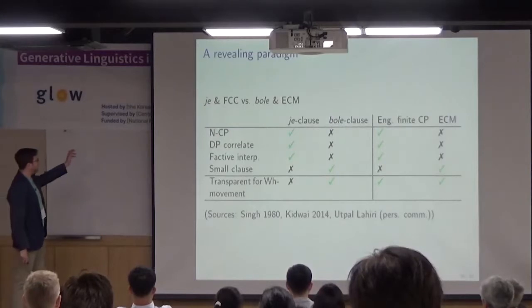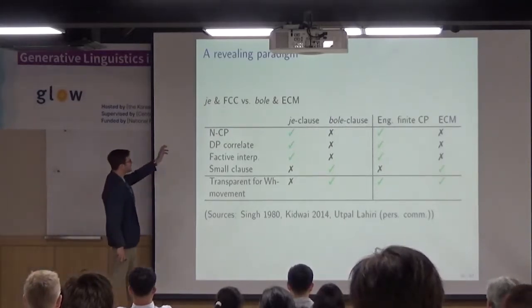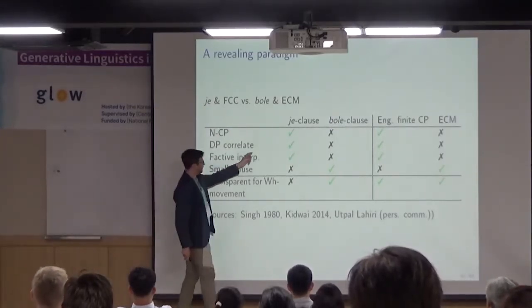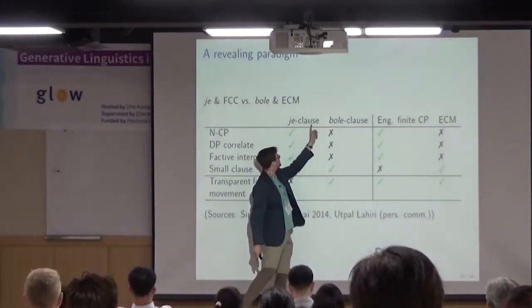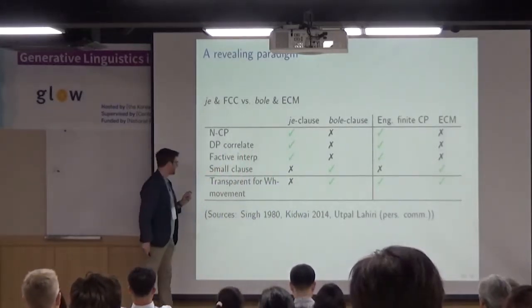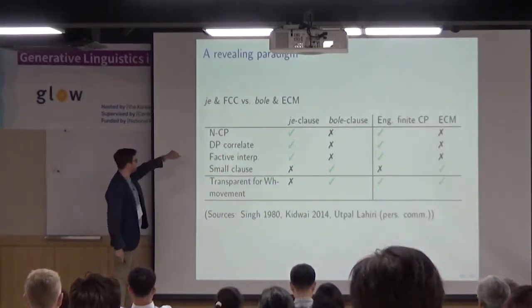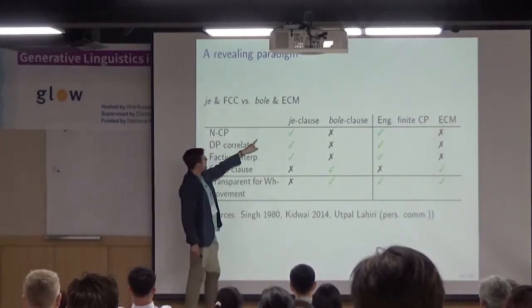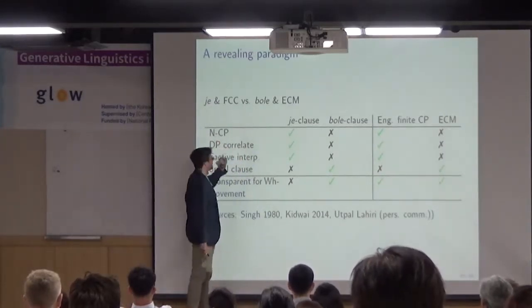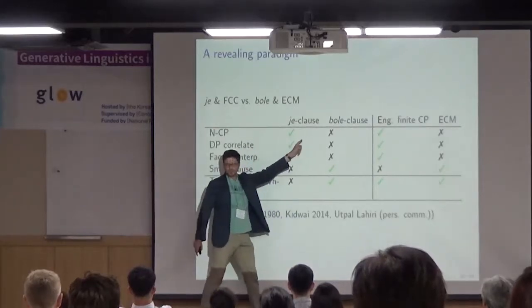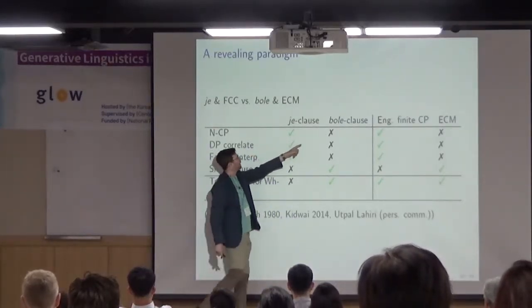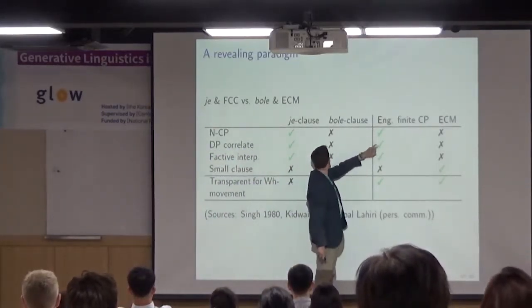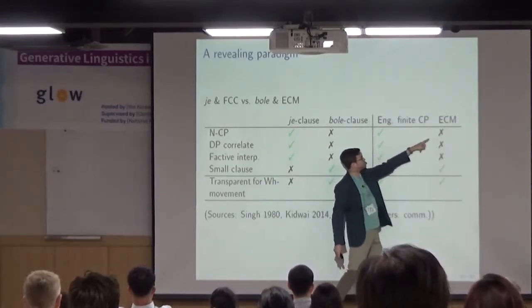Now, there are differences between these two clauses in a number of respects. And there's a number of sources for this. So these J clauses like to combine with nouns, but the bole clauses don't. That should sound familiar. English finite CPs like to combine with nouns, but ECM don't.